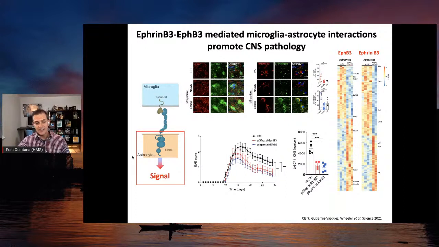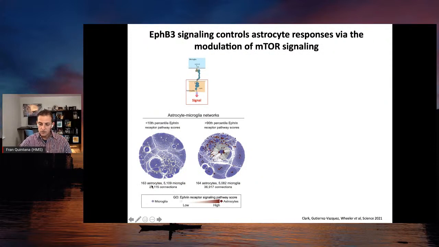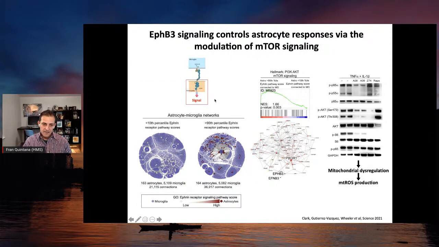We then actually went on and analyzed deeper what's going on here. And to cut a long story short, we found that EphB3 signaling actually controls mTOR. And when mTOR is controlled, the activity of mitochondria is controlled. And in particular, EphB3 signaling induces a mitochondrial reprogramming that results in mitochondrial dysregulation and an overproduction of mitochondrial reactive oxygen species that can trigger multiple pro-inflammatory signaling pathways.